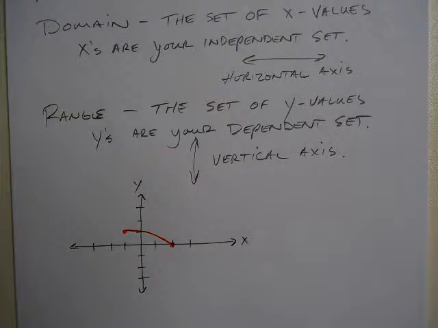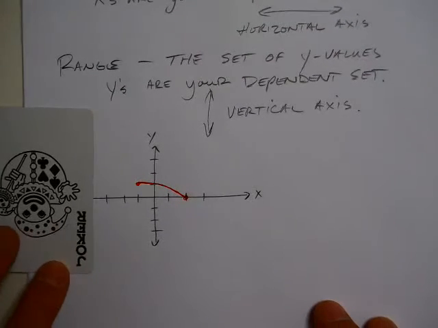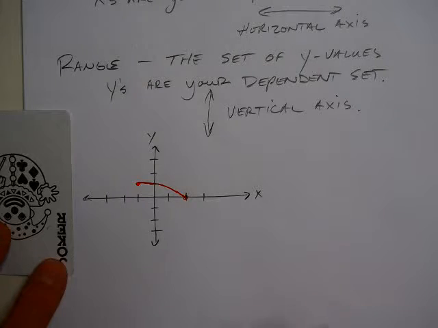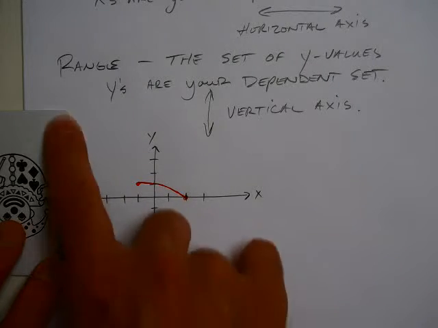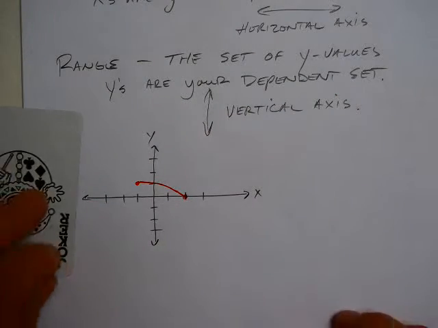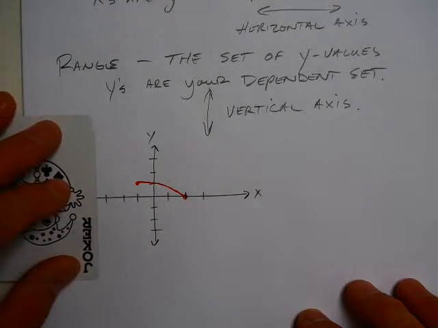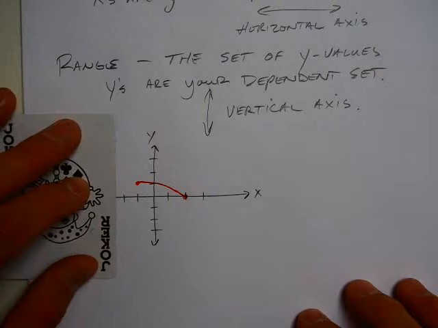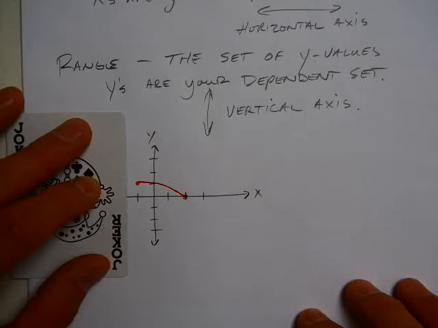Here's how you can check it. Let's see, do I have a card here? I do. Here's my joker card, okay? So for the x's, I'm going to make this a vertical line, and I'm just going to drag this card across my graph. When do I touch the curve?